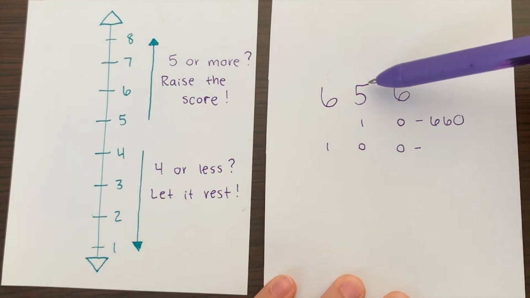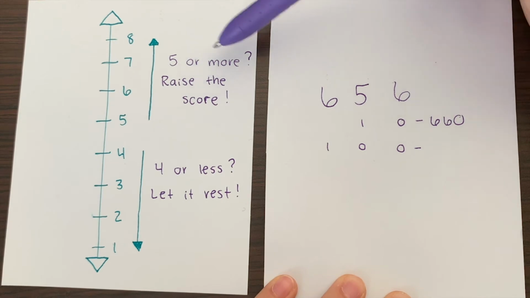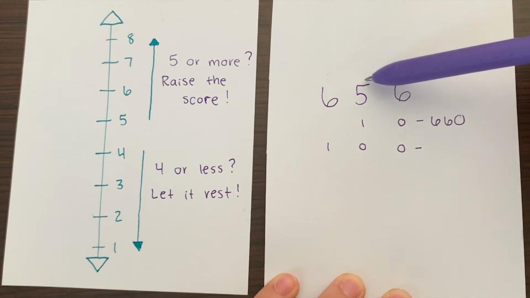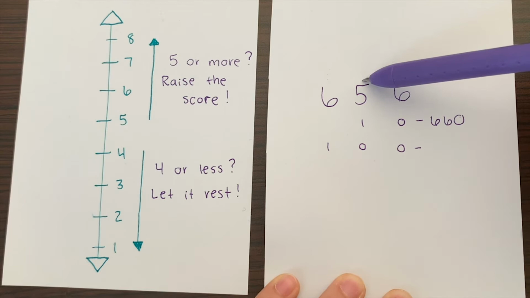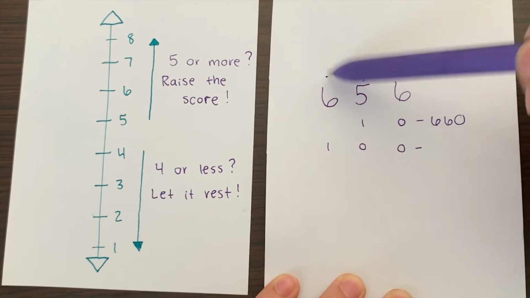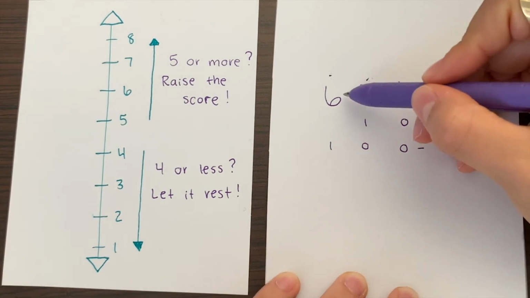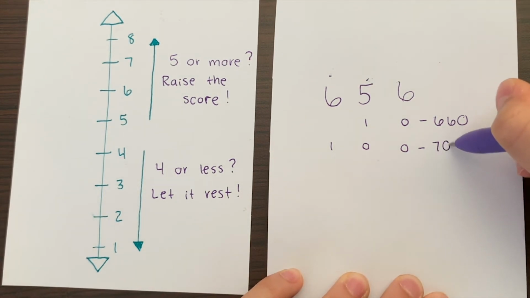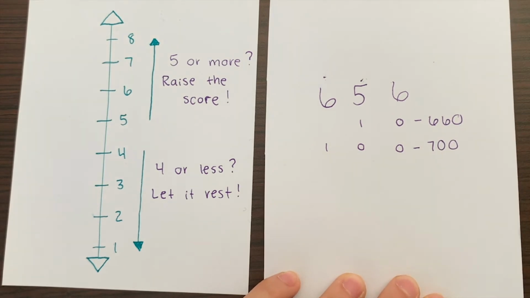So again, 5 is 5 or more, raise the score, which means that we are going to raise the score. But instead of raising the score here, we're going to raise the score here. So what number is after 6? 7, which means that when rounding to the 100th place, we would get 700.